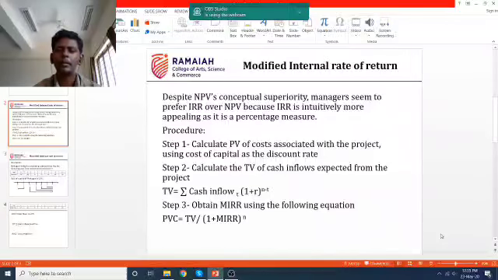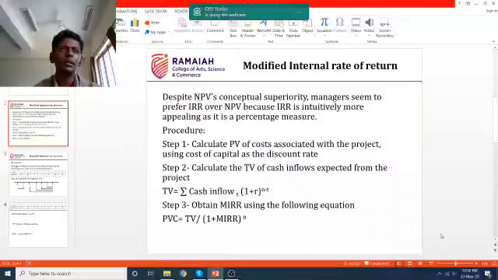For example, if I have a HP laptop and a Lenovo laptop, I can compare the internal rate of returns of each laptop and arrive at my decision whether to purchase it or not, or if I've already purchased, which is more profitable and more beneficial.